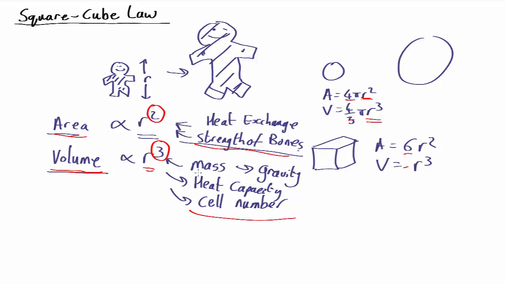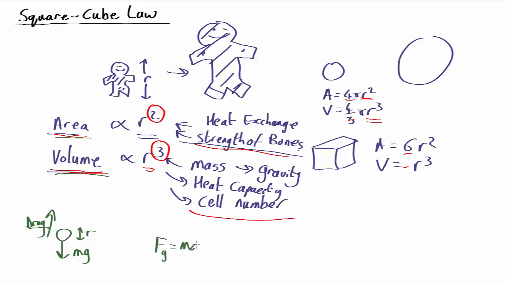So let's do a concrete example. Let's think about dropping something. You've got the weight, mg, downwards, and you've got a drag force upwards. Now the drag force depends on the area, whereas the gravitational force depends on the volume. We're assuming that this thing is of size roughly r. Okay, so what is the gravitational force?